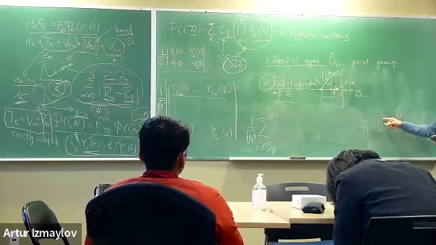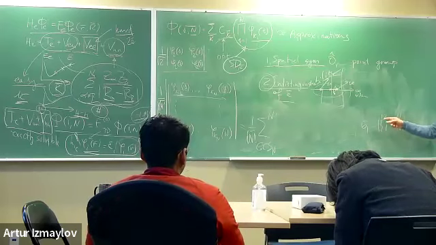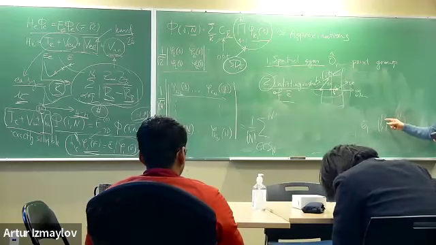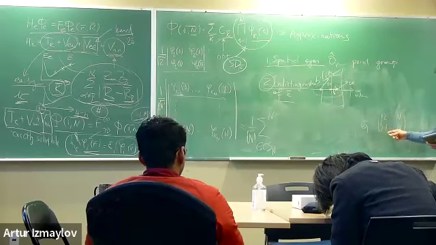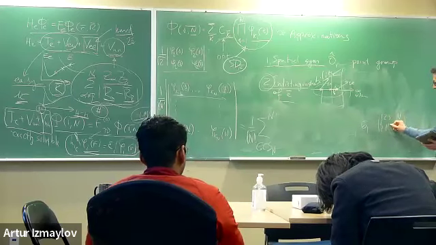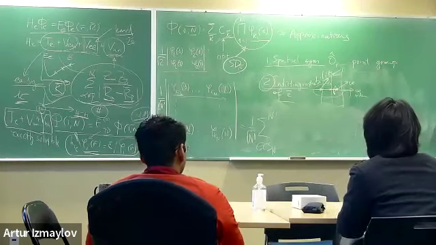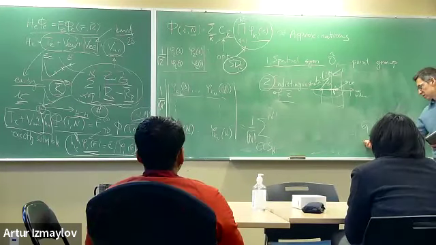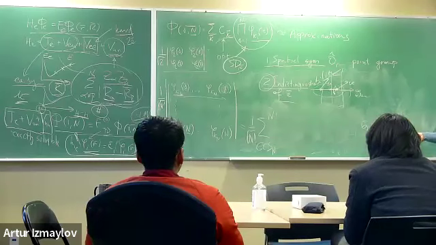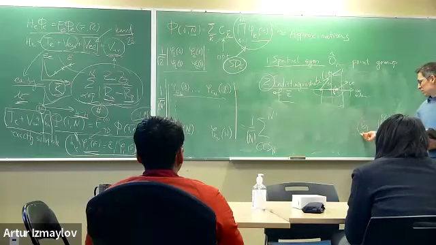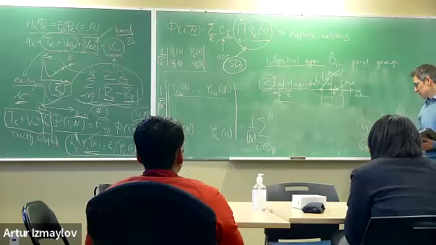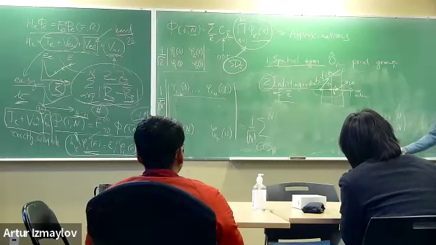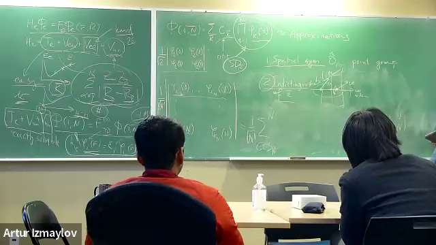You could permute 1 with any number between 2 and n. So in this case, 1 goes to 2, 2 goes to 1, and the others stay the same. These things form a group, which means there is a way to define the multiplication.